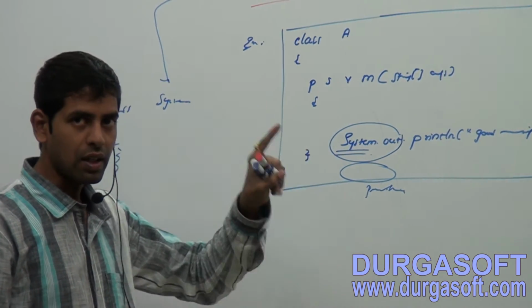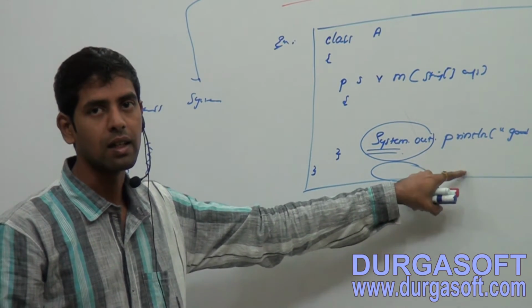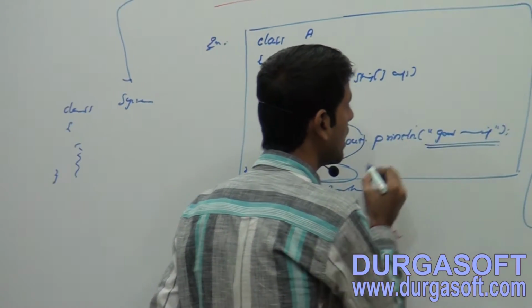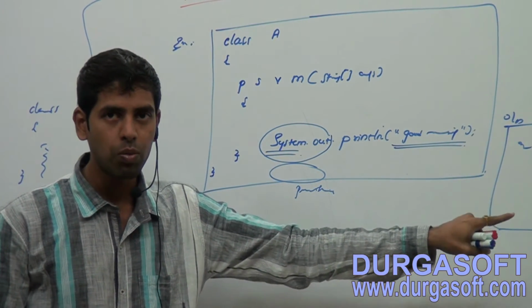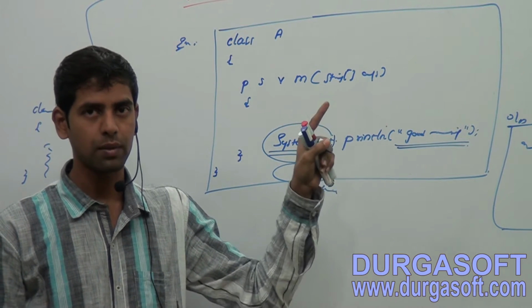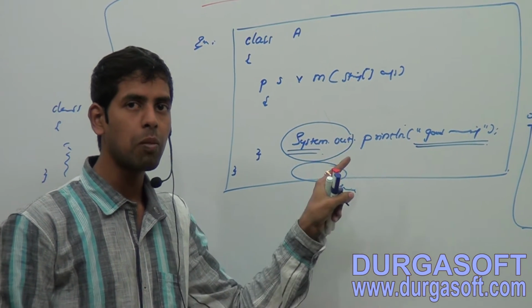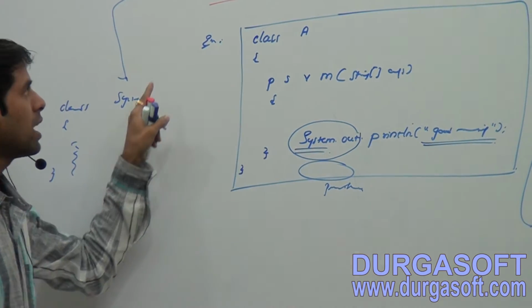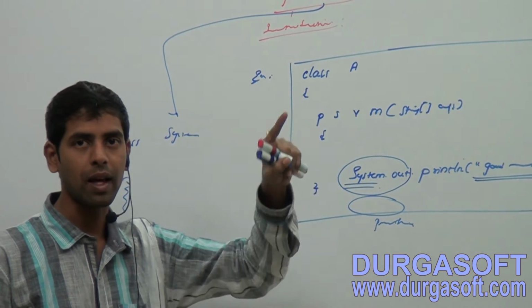Within the PrintStream class you have the println method; whatever you pass as an argument to println will be given as output to us at the console through IO streams. So here you are depending upon the System class, which is available within the java.lang package.